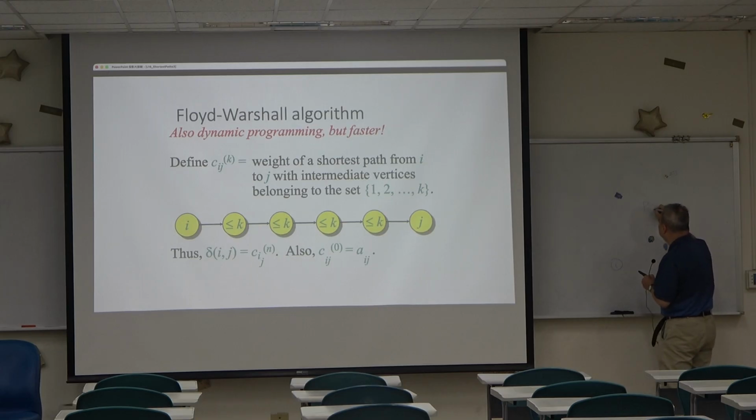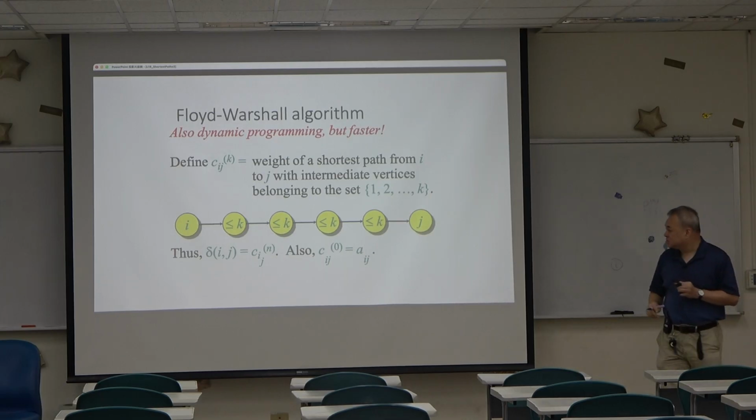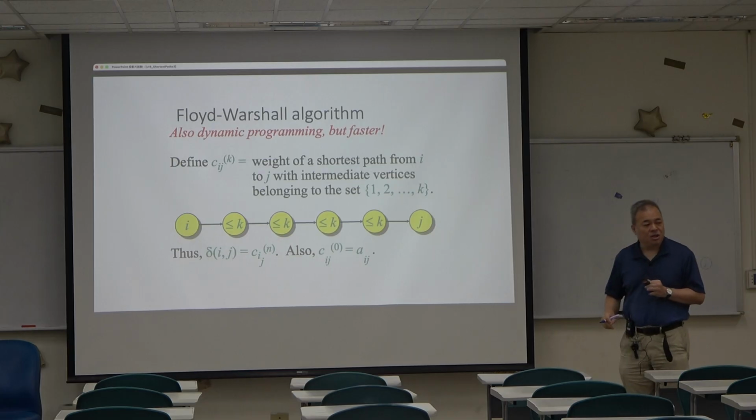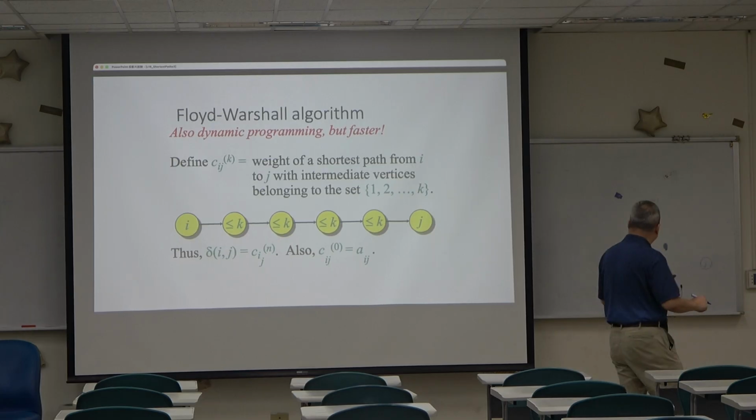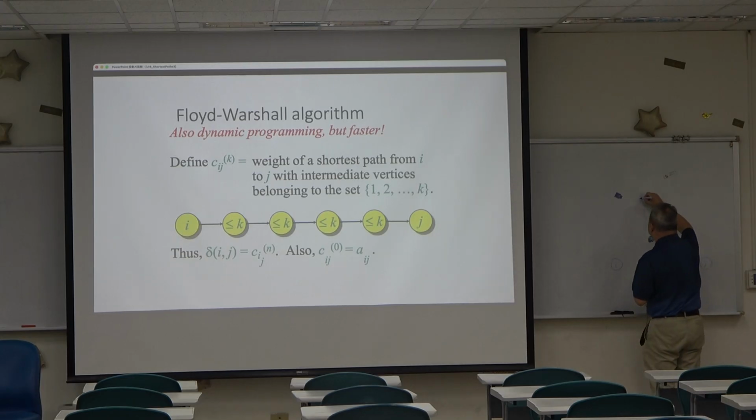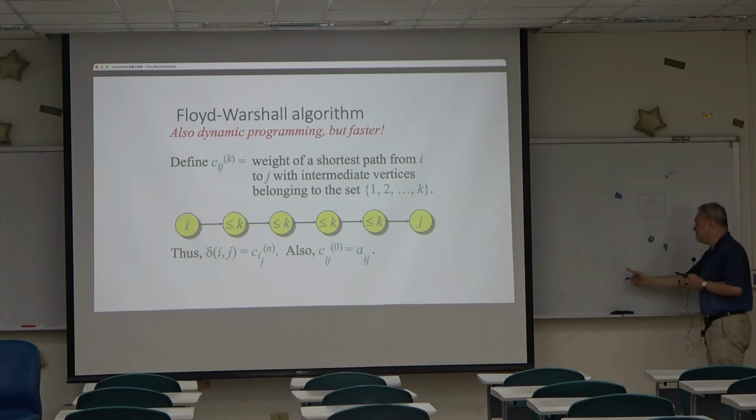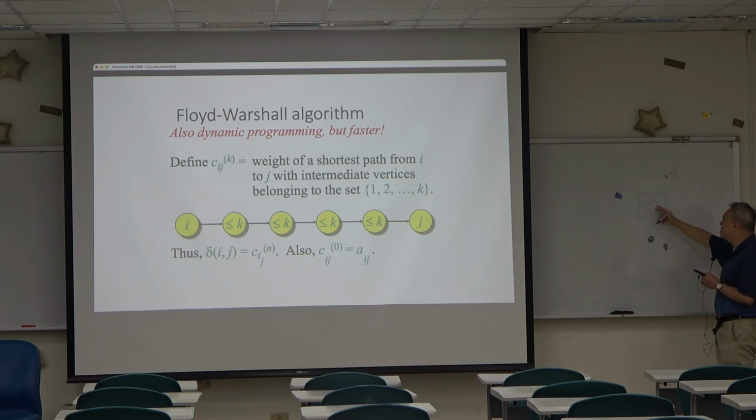So the path from I to J with k as a superscript indicates the shortest path from I to J that makes use of intermediate nodes whose numbers are smaller or equal to k. Among all these possible paths, the shortest one, we call it P_ij^k.